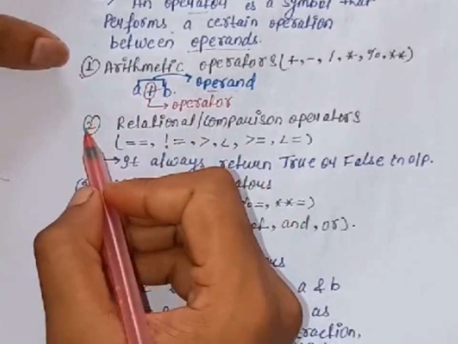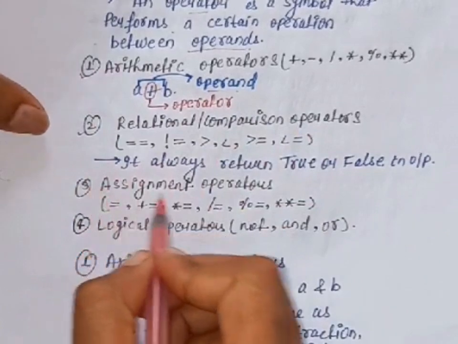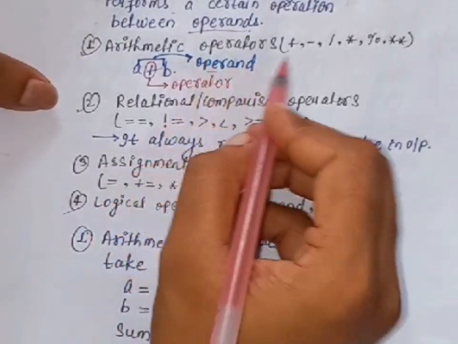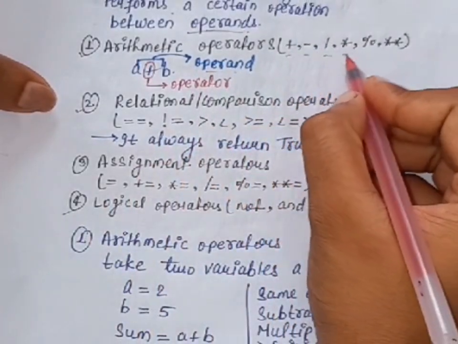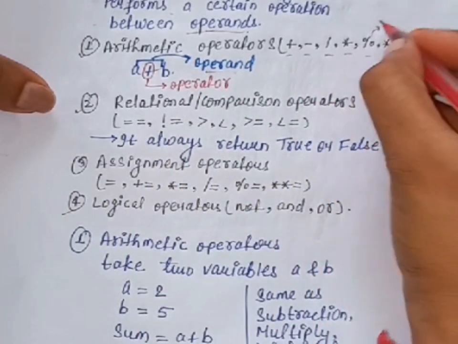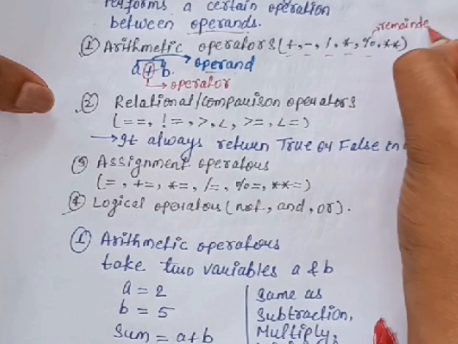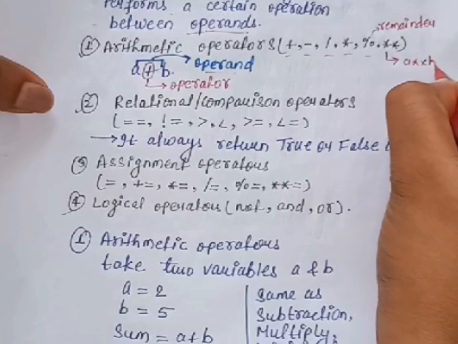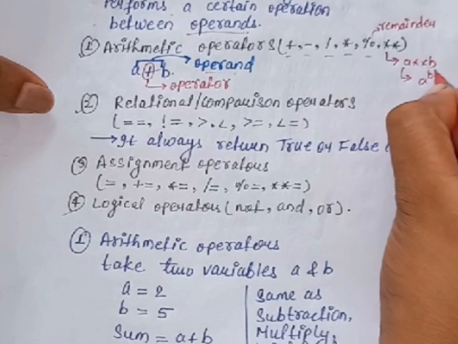First one is arithmetic, second one is relational or comparison operator, assignment operator, logical operators. Arithmetic operators, for example, addition, subtraction, division, asterisk, modulo. Modulo operator is used to find remainder. Double asterisk is used for power function, means it is used as a asterisk asterisk b. Its output is a to the power b.